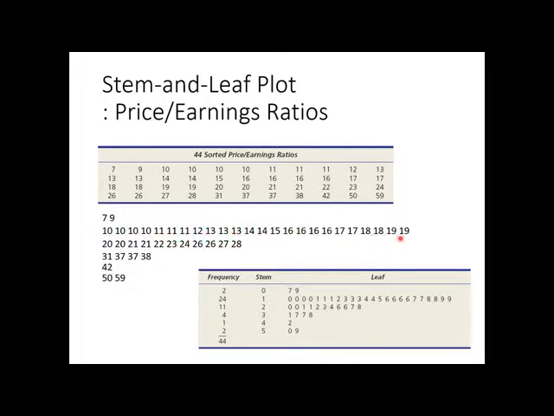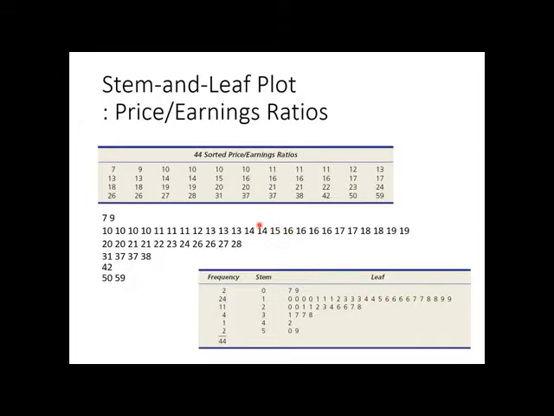The second group all start with 1. We need not repeat 1, 1, 1 many times, so we remove the 1, write it once as the stem, and show only the second digit: 0, 0, 0, 0, 1, 1, 1, and so on, 2, 3, 3, 3, 4, 4, 5, 6, 6.